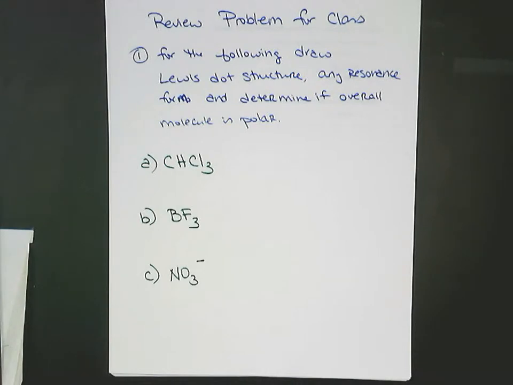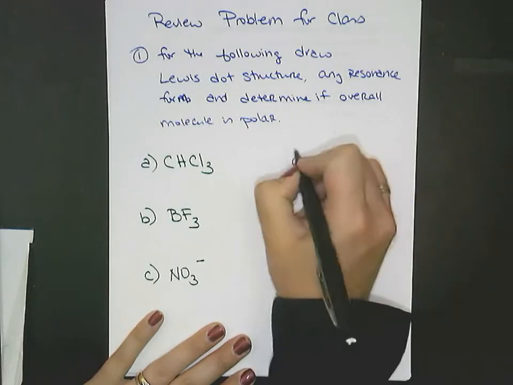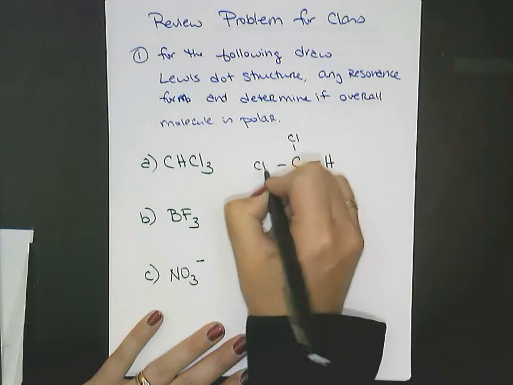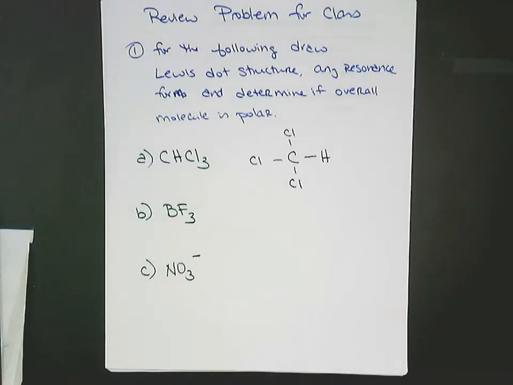All right, for the first one, CHCl3, which atom do I put in the center of the molecule? Carbon. Why would I choose carbon of those three? Least electronegative. Excellent. All right, carbon brings how many valence electrons? 4.